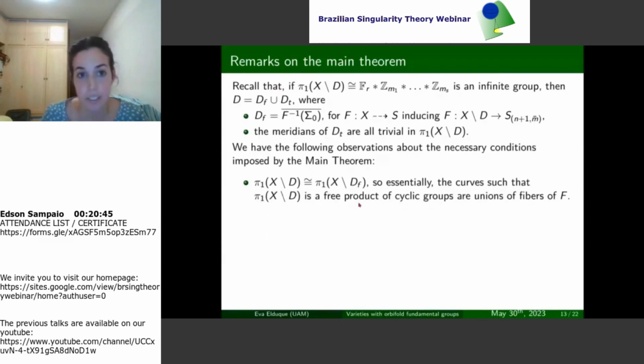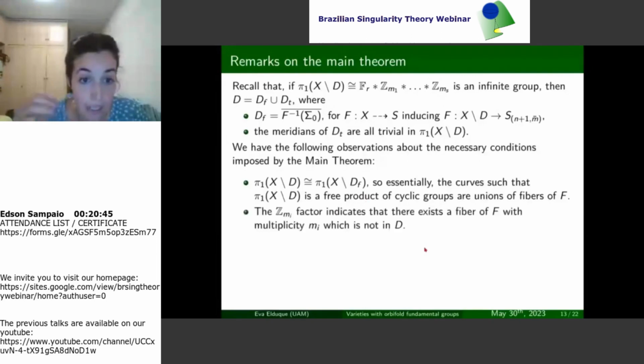So essentially, if you want to understand in which cases this happens, you have a fundamental group like this, you can restrict yourself to studying unions of fibers of morphisms to curves. So that's all you have to do. And the fact that there's a C mod mi factor in the fundamental group tells you that the morphism you get to a curve has a fiber of multiplicity mi, which is not part of the curve itself.